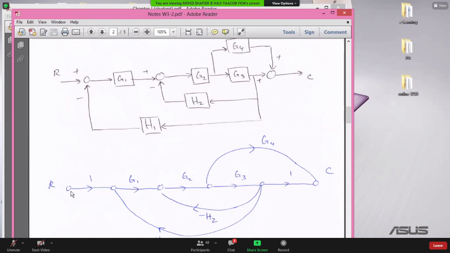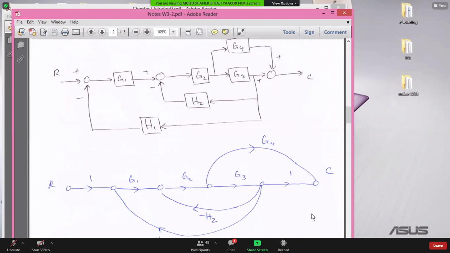The input node here only has 1 outgoing branch, and the rest you just fill in the transfer functions G1, G2, G3, G4, negative H2, and negative H1. That negative here, you have to carry negative H2. That negative you must also carry into your signal flow graph. Now you have negative H1.